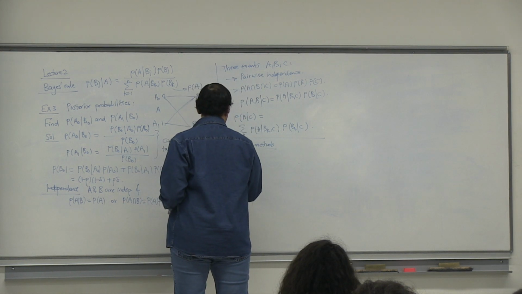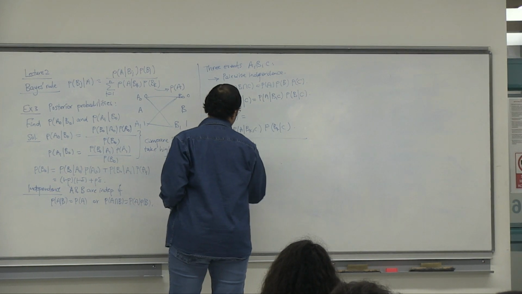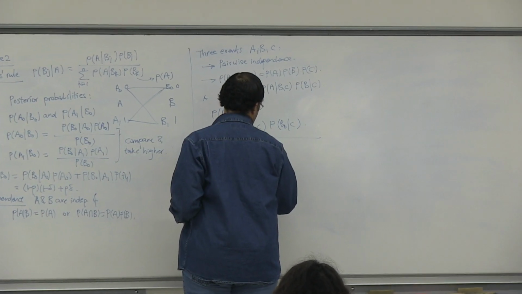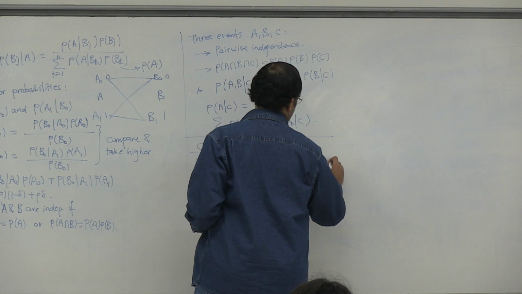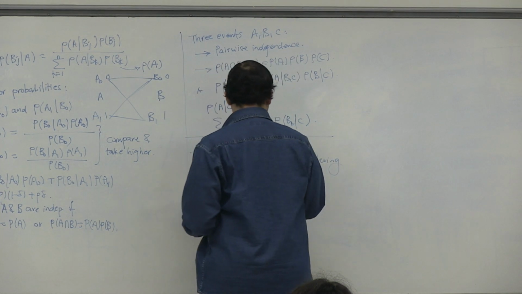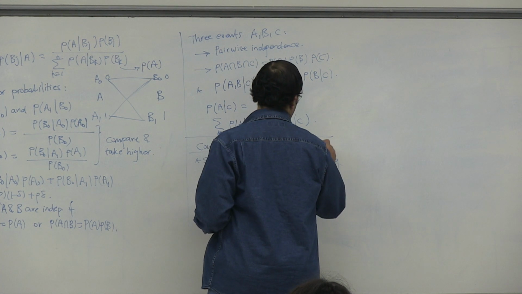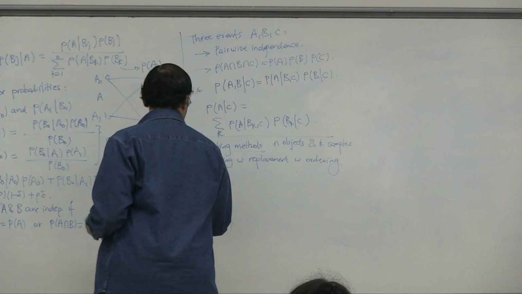First, you have sampling with replacement with ordering for n objects and k samples.